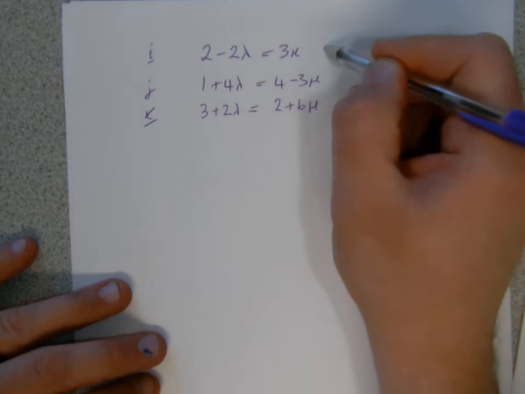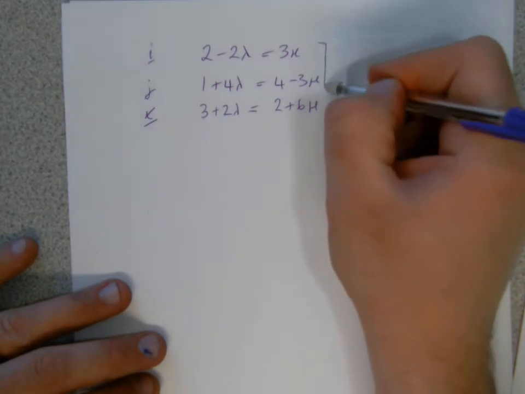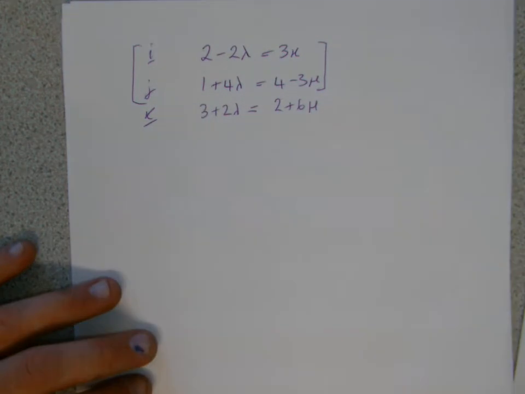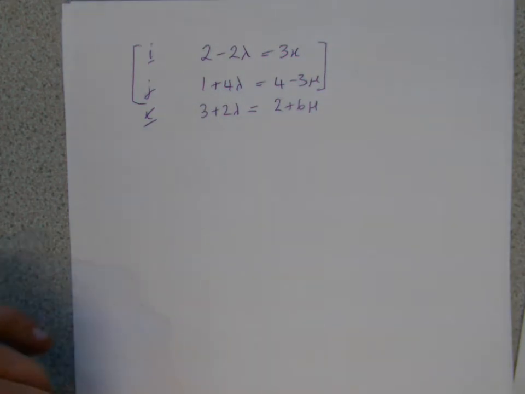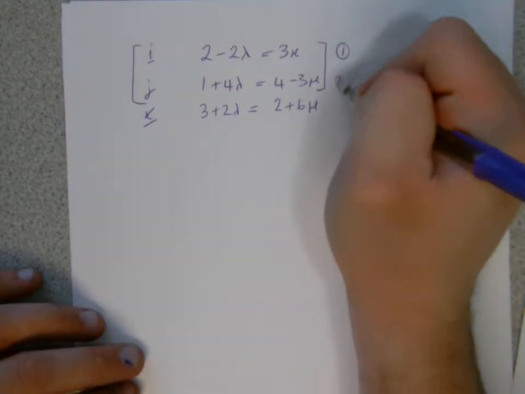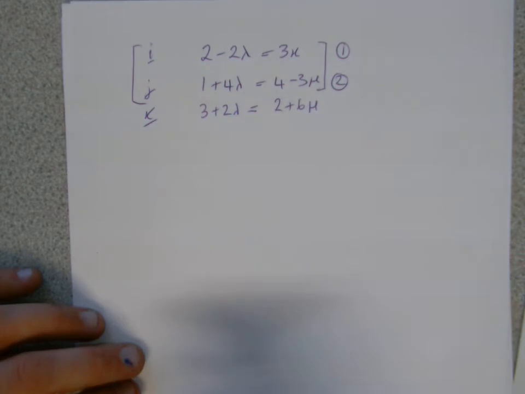And the way to do this is I focus on two equations. So let's focus on the i's and j's, and we'll solve these now like simultaneous equations. If I call this equation 1 and equation 2, all I need to do is add equation 1 and 2.